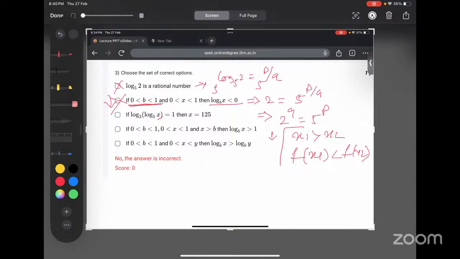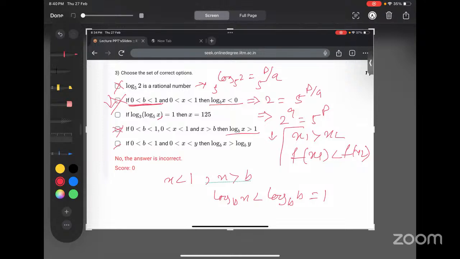Okay. So similarly, for the last two options, again the function is decreasing. And we have x is less than 1 and x is greater than b. If x is greater than b, then log b x should be less than log b of b, that means 1. So this is incorrect, right?